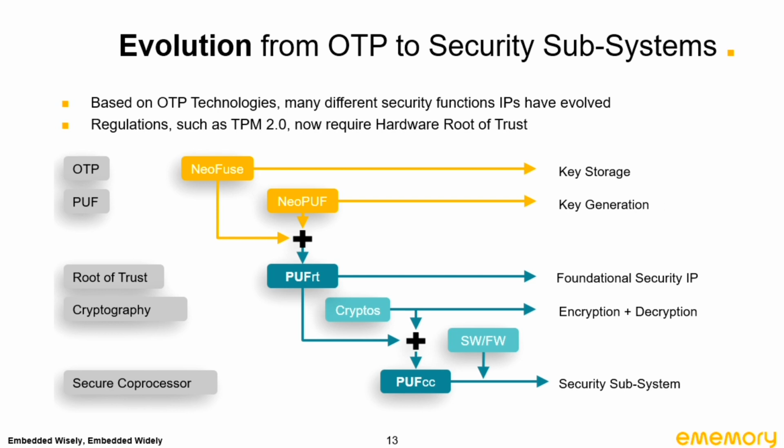And our security subsystem SoC IP was created by integrating a crypto engine, which is a sub IP, with the root of trust IP, which is our hard IP. So we create the hard IP by integrating OTP with PUF, resulting in PUF-RT, which is the root of trust IP.